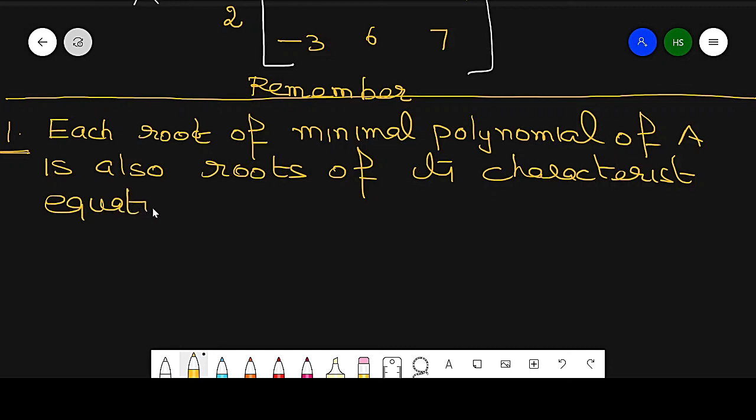We already saw this in the example, so remember this.